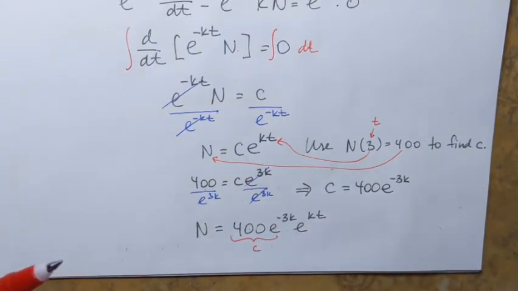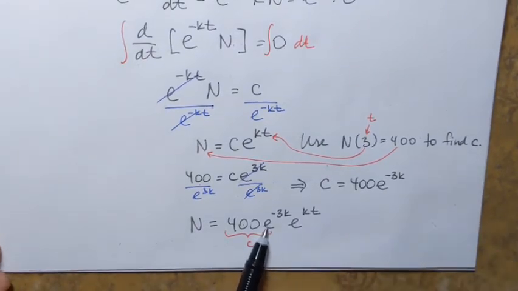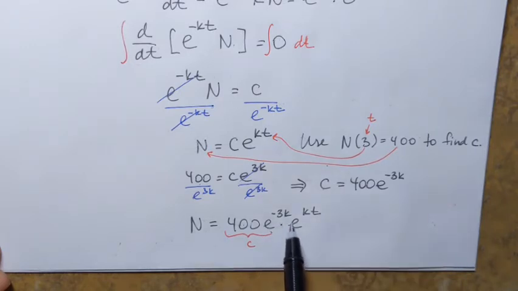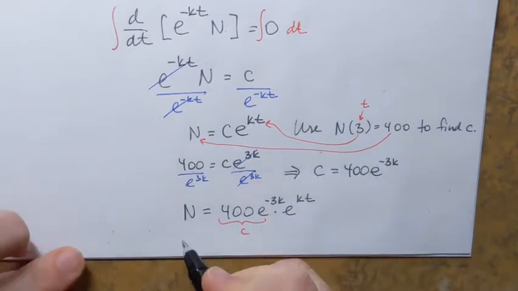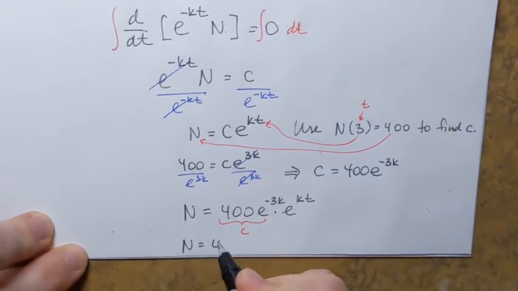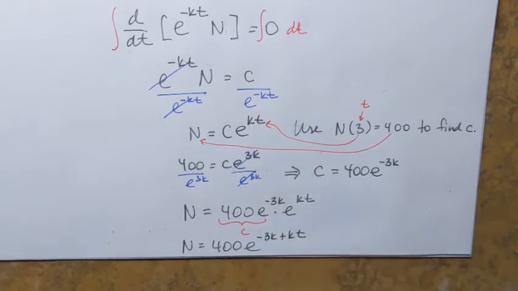That I can simplify a little by combining bases. Remember, when I'm multiplying the same bases, I can just simply add the powers. So here's function N. N is 400 e to the power negative 3k plus kt. Okay, and the next step will be to find constant k, the constant of proportionality.